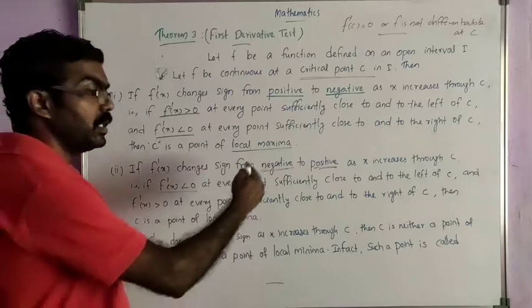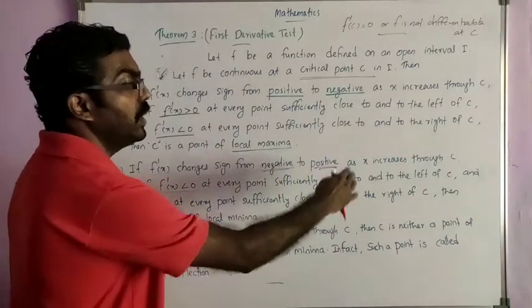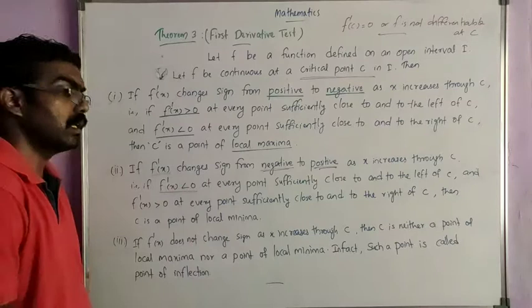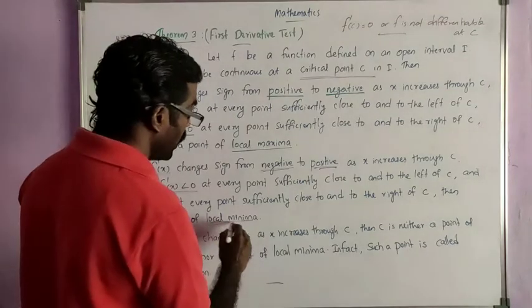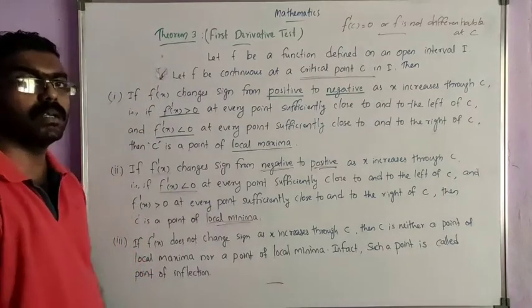So the change is from negative to positive as x increases through C. Then we can say C is a point of local minima.